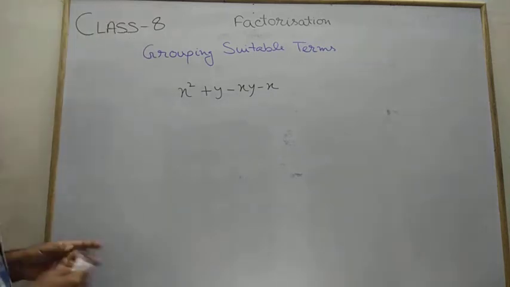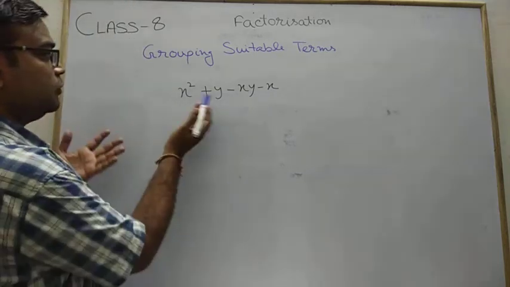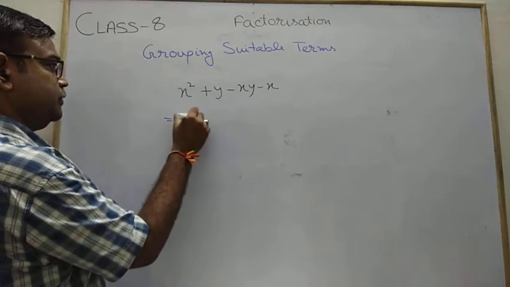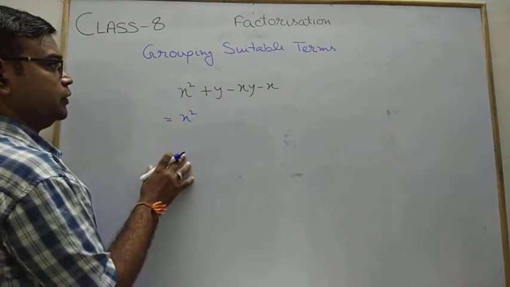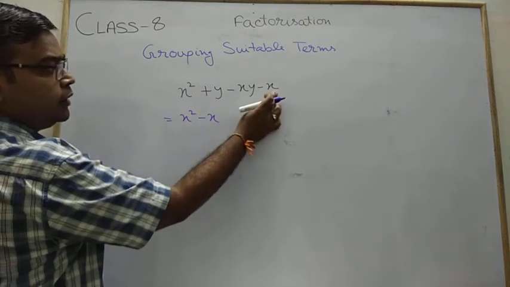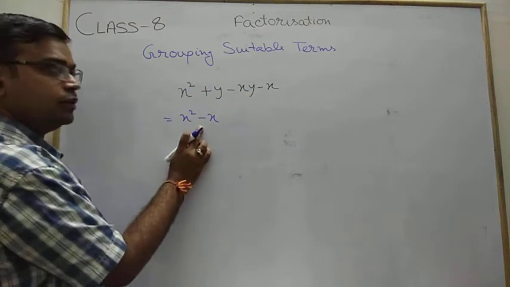So in this question we take common, but how do we shift the terms? First we shift the term. I'm going to bring this x to this side, not only the term, but with the minus sign.